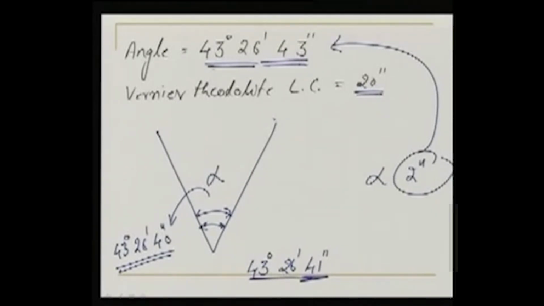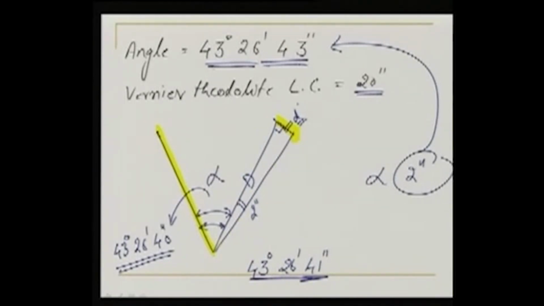Well, for this length, if I draw a perpendicular here and I know this length D, we can compute what should be this small distance d, because we know this angle is 2 seconds. So I can compute the distance d, and we can set out the angle in such a way that our actual angle becomes the angle between this line and the new line, obtained after setting out this distance.